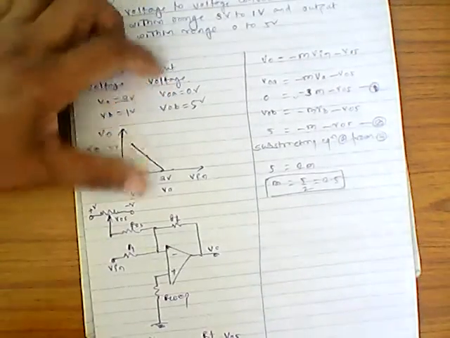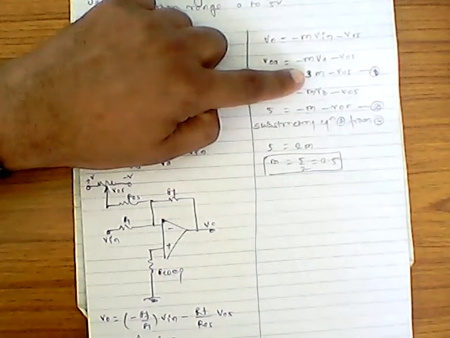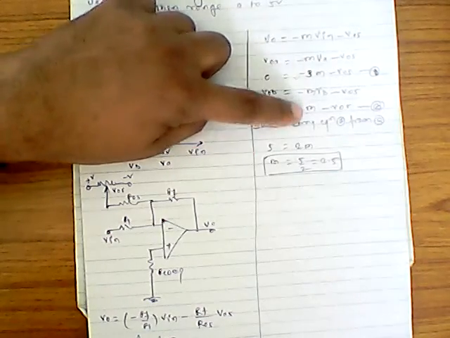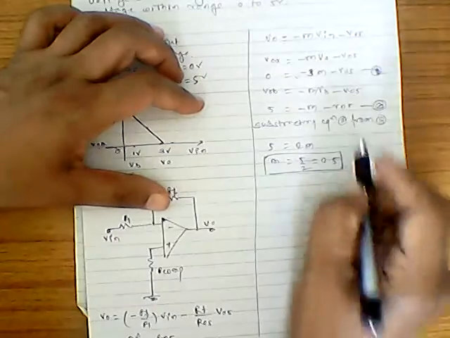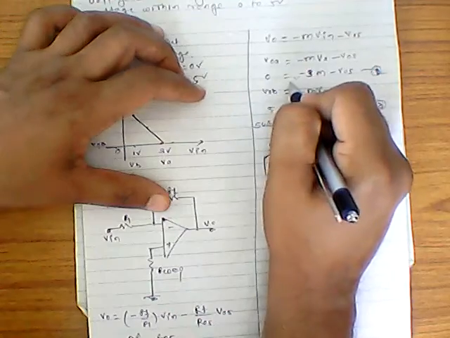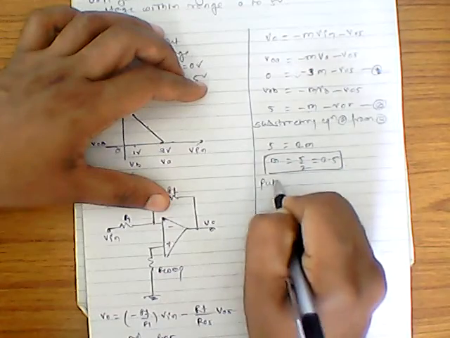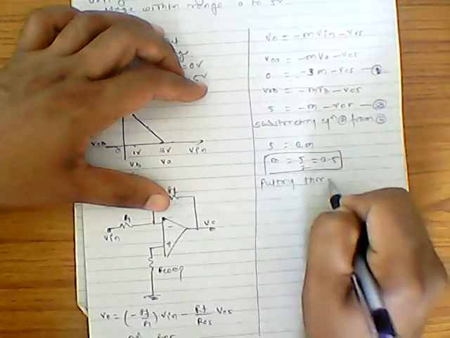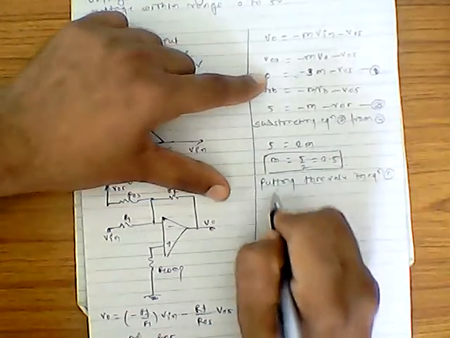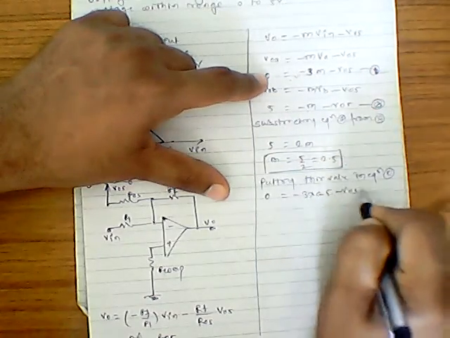This particular we got, because this 3 becomes positive, this is negative. Alright, now putting this value in any one of these equations, what we'll get? Let us say we'll put in equation 2. We will get 0 is equal to minus 3 into 2.5 minus VOS.